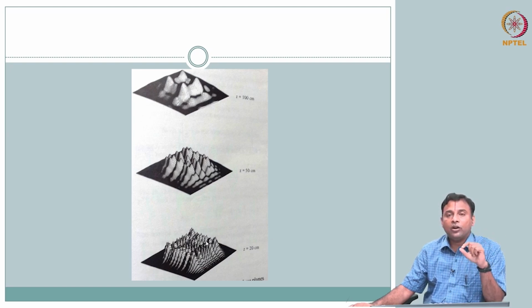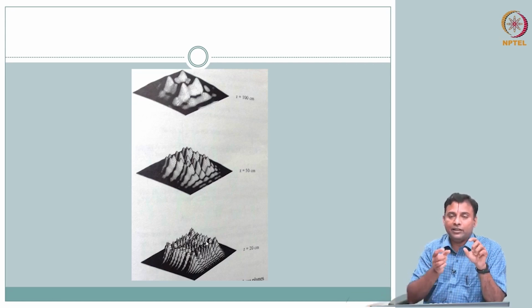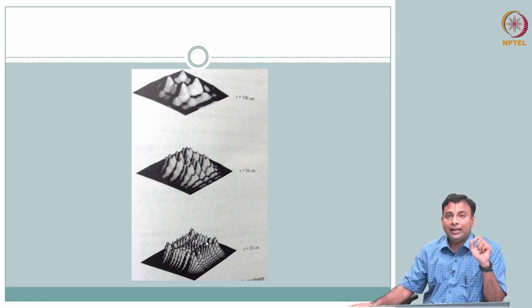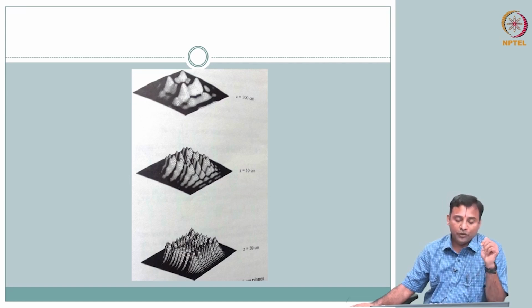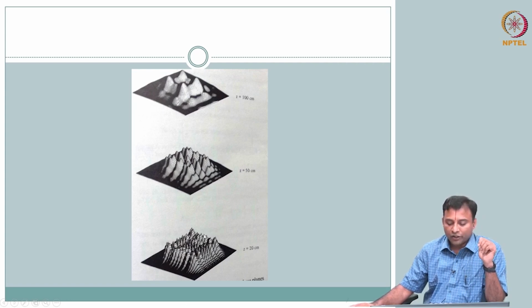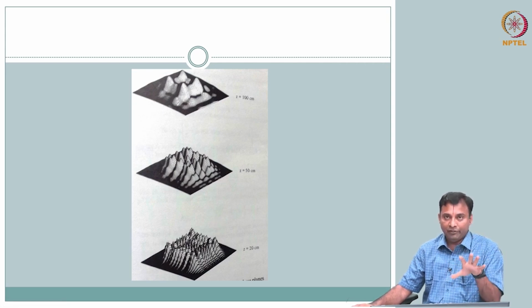If it is a rectangular shaped transducer, d square by lambda, right? So we had all this in the previous module. So when you go, you see this general nature, there is a lot of fluctuation in the near field or close to the transducer. As you go farther and farther, it becomes a much smoother field. Irrespective of the shape of the transducer, the general behavior is the same.